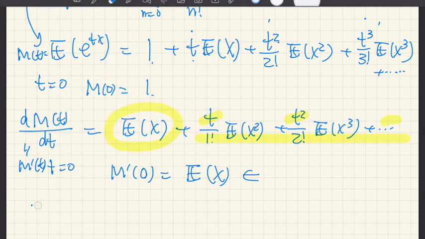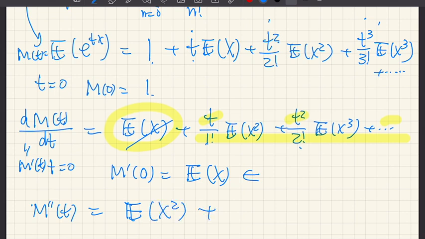And now we differentiate once more, twice. The second derivative of m of t. Now you differentiate this with respect to t, and this t will be gone, and this is a constant now, and it's gone. So we have expectation value of x squared, and we have t times expectation value of x cubed, and so on.